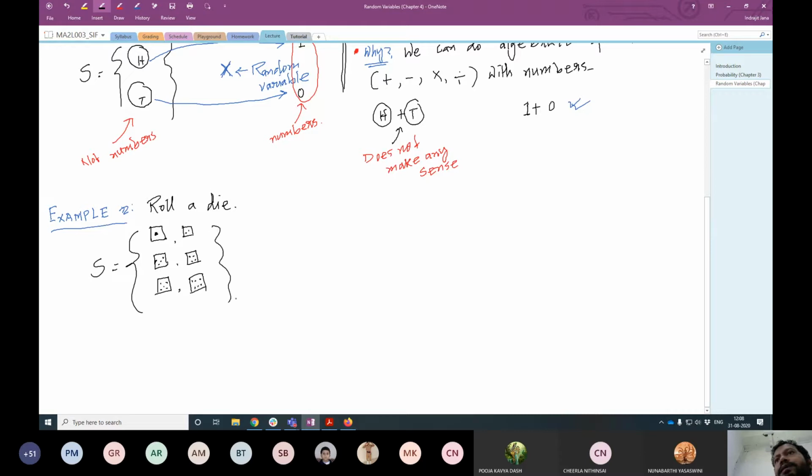Because you see some pictures like this, to do some meaningful mathematics, you need to assign numbers to those pictures. And typically, we assign the numbers which are equal to the number of dots in the picture that you see. And if you call this association y, then y is a random variable.